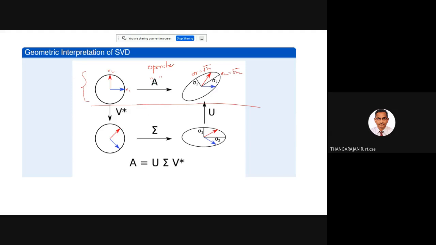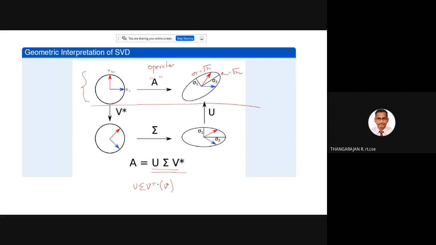Now, the same thing I can simulate with my singular value decomposition. Forget this. Now I decompose A into these three parts, so A becomes U sigma V transpose. Now I apply this on some vector v.